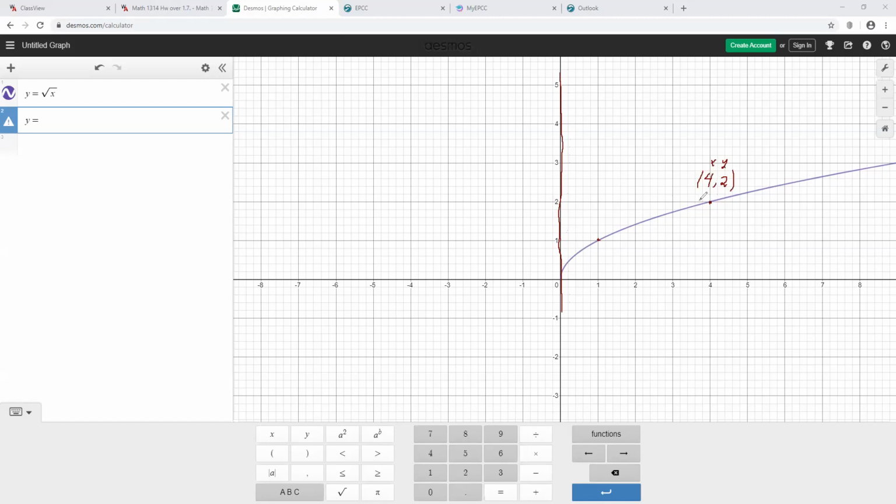How far is this point to the y-axis right here? 4 units. Good, and so when you reflect it over the y-axis, instead of 4 units away from the y-axis to the right, it's now going to be 4 units to the left of the y-axis over this way.